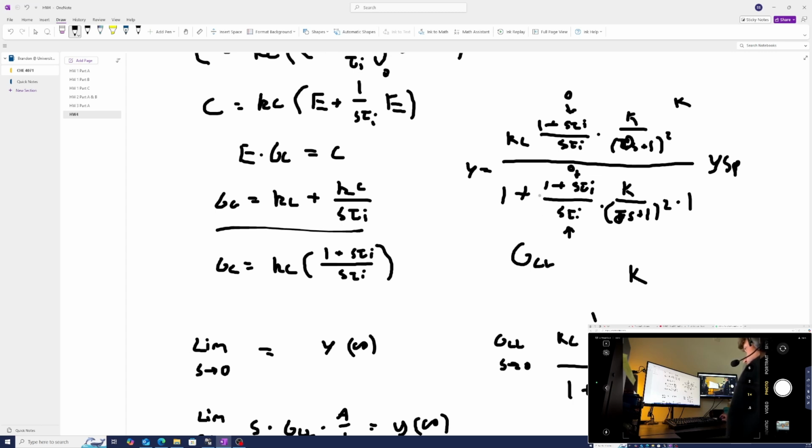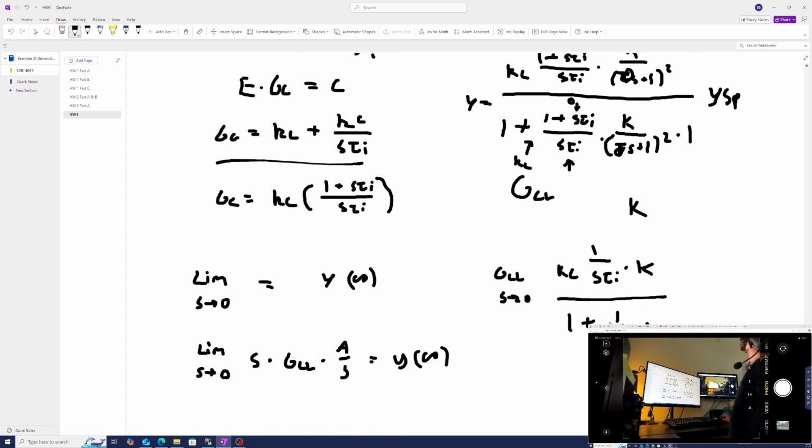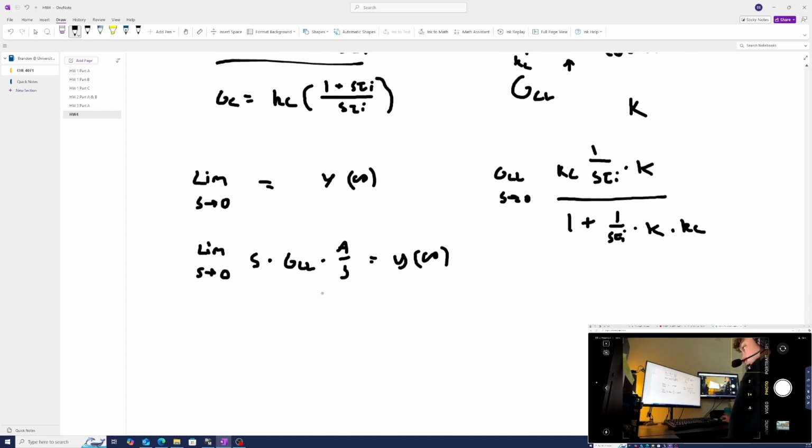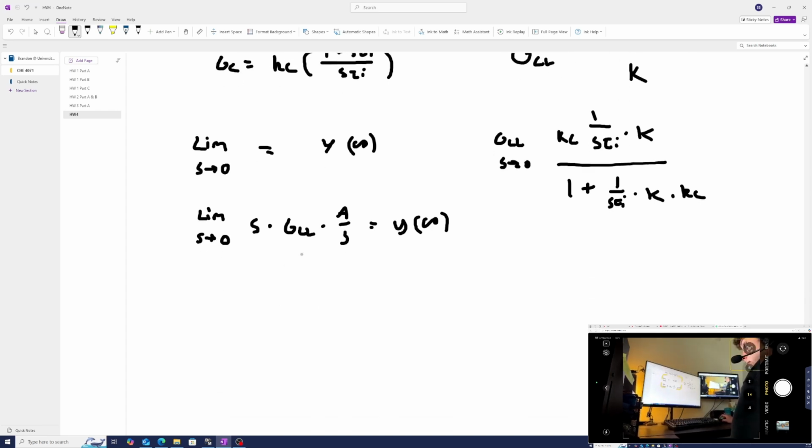We are missing the Kc right here. So there should be another Kc with this 1 plus S tau I. So times Kc. Now if we plug that back in as our S approaches 0, these S's will cancel out, giving us just our GCL times A is equal to our y at infinity.